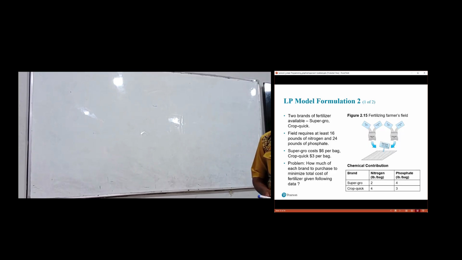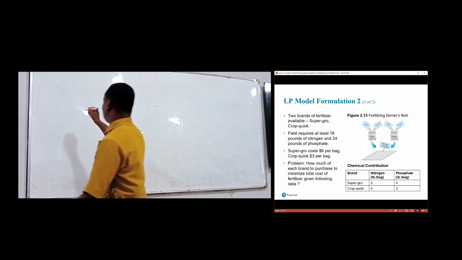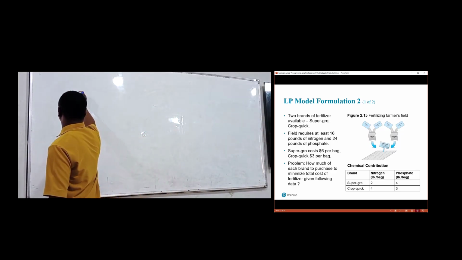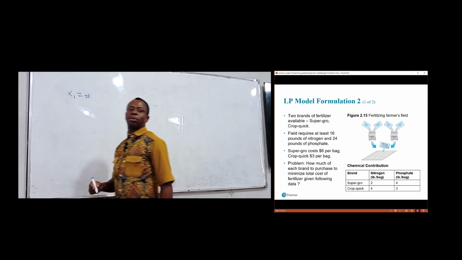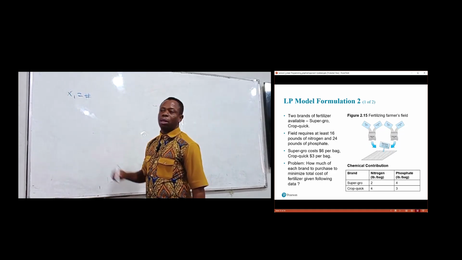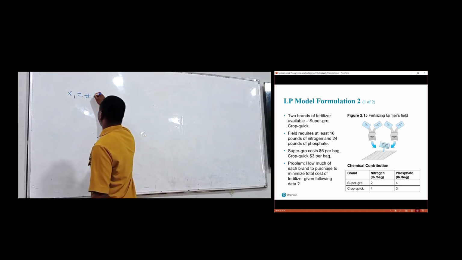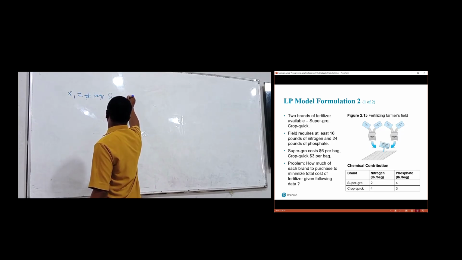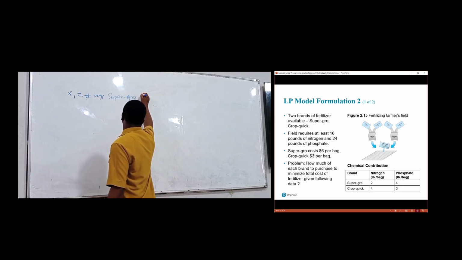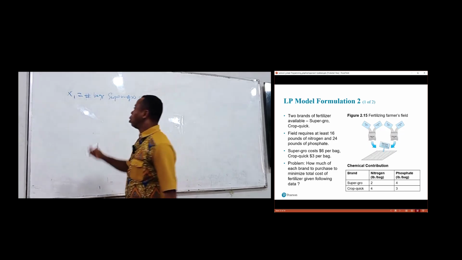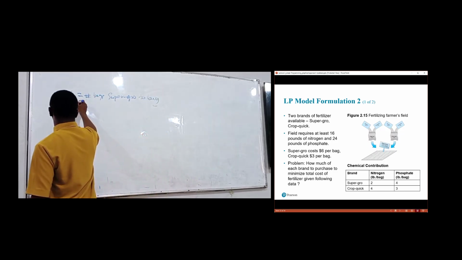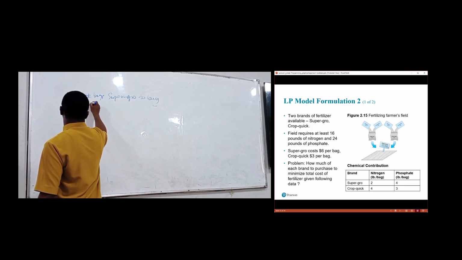So first, let's identify the decision variables. So X1 is what? Number of bags of what? Supergrow to buy. X2 is what? Number of bags of what?